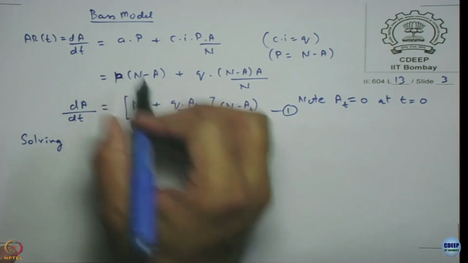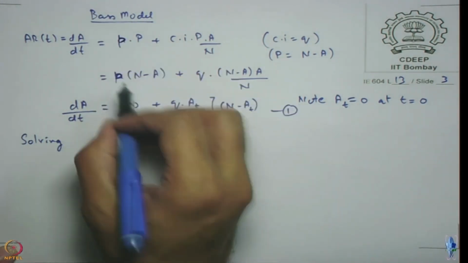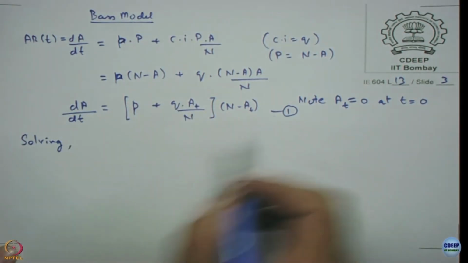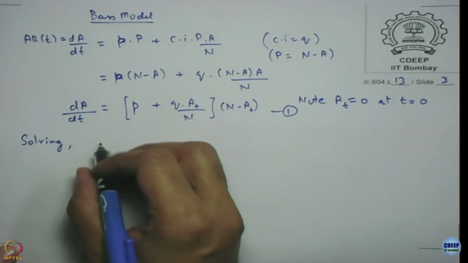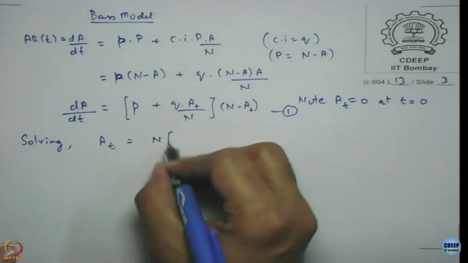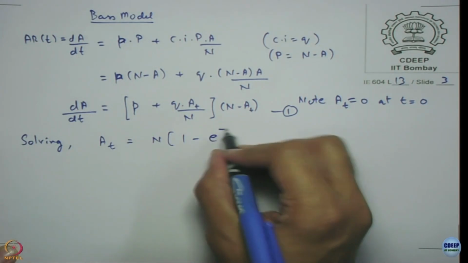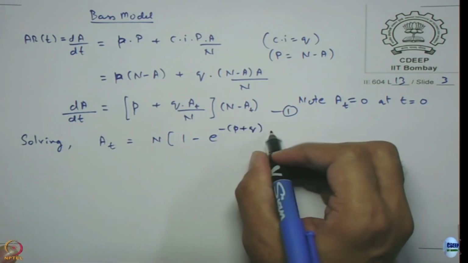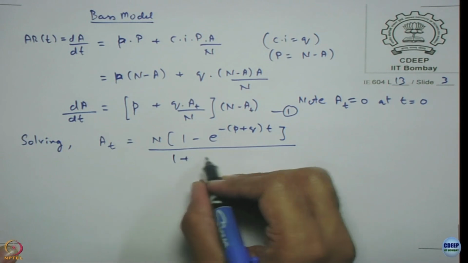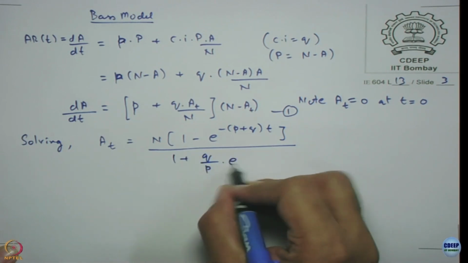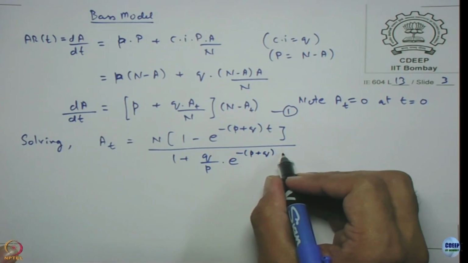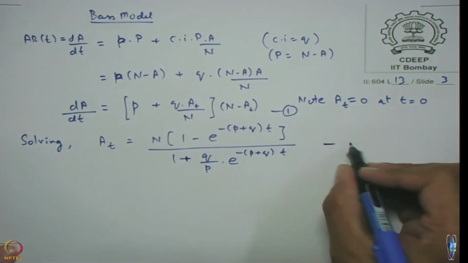Solving it, we can get adopters at time t as N into (1 minus e power minus (p plus q) into t) divided by (1 plus q by p into e power minus (p plus q) into t). I can call it equation 2.